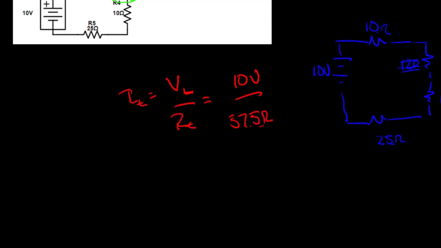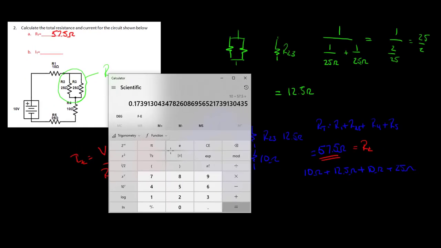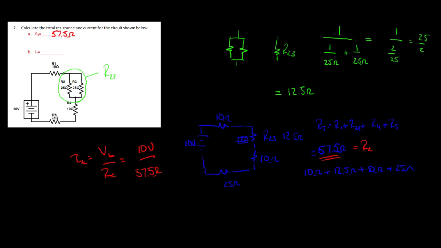So whipping out my handy dandy calculator, you'll see 10 divided by 57.5, 0.173913. So where's the logical rounding point here? We're just going to go down to 174 milliamps, okay? Or 0.174 amps, or 174 milliamps.